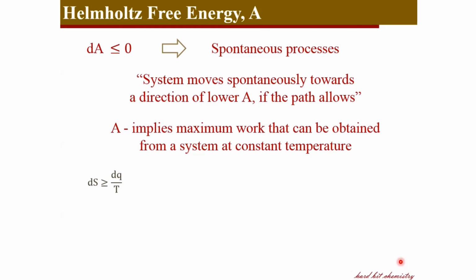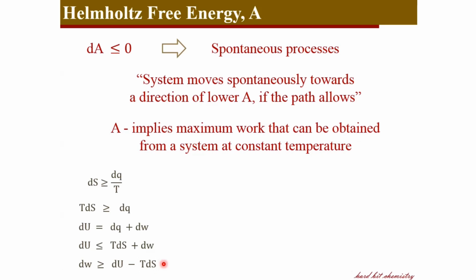We have from the Clausius inequality this relation, and the first law of thermodynamics, if you want to replace this dq term by using the TdS shown here, the equality will be replaced by this sign. And hence by rearranging we can write the work associated in a process at constant temperature and constant volume will be greater than or equal to the internal energy change minus TdS term.